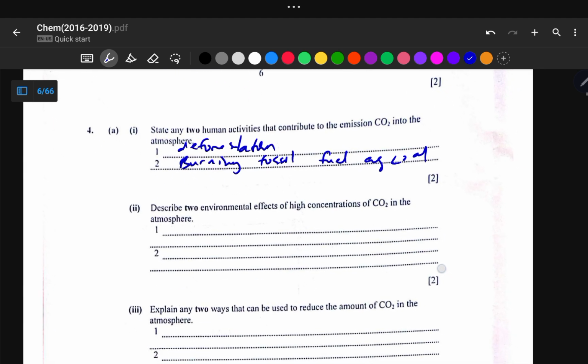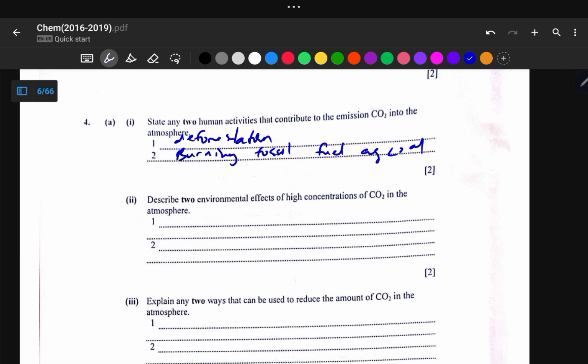And then describe 2 environmental effects of high concentration of carbon dioxide in the atmosphere. So we are guided by the term environmental effects, right? So we want the effects of carbon dioxide on the environment. So we've got global warming, which is defined as the continuous rise in temperature, right? And also we have got ocean or aquatic acidification, right?